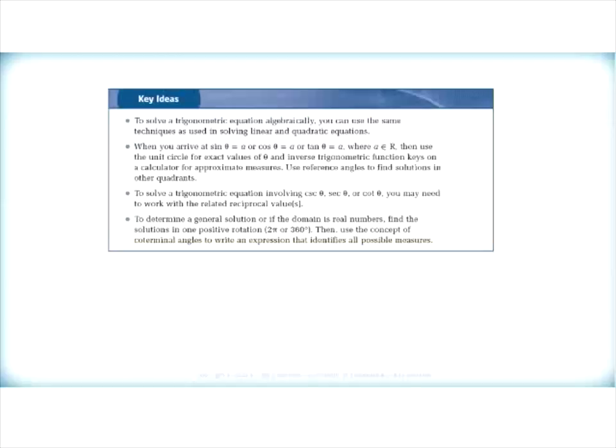To solve a trigonometric equation involving cosecant, secant, or cotangent, you may need to work with related reciprocal values, which we did. To determine a general solution, where the domain is real numbers, you find the solution in one positive rotation. Then we use the concept of coterminal angles to write an expression that identifies all possible measures, and we did an example of that as well. And that ends this lesson.